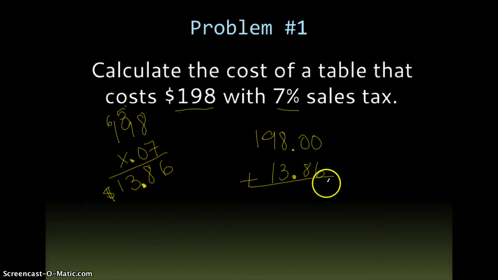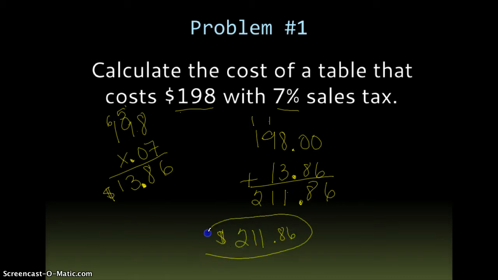And we add. 0 plus 6 is 6. 0 plus 8 is 8. Bring down our decimal. 8 plus 3 is 11. Bring up our 1. 9 plus 1 is 10, plus 1 is 11. Bring up our 1. This is 2. So the total cost is going to be $211.86 with tax. Okay, let's try another problem.